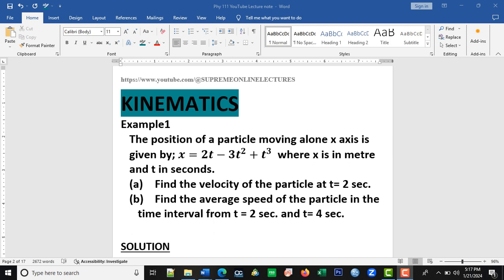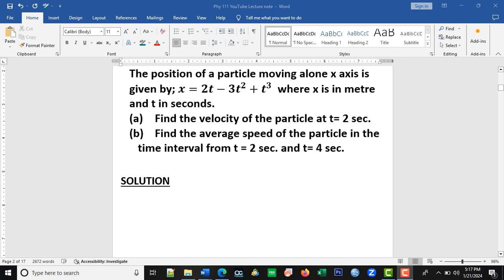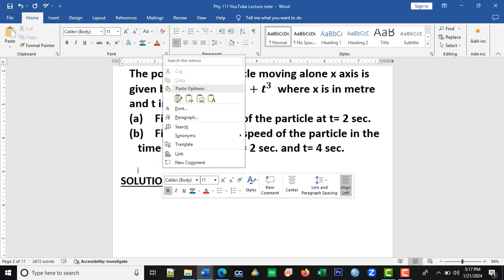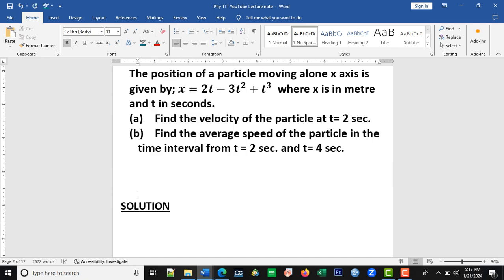But before we proceed to solve this problem, there are things I would like us to note. The first one is that when we find the derivative of a constant, it gives us 0.